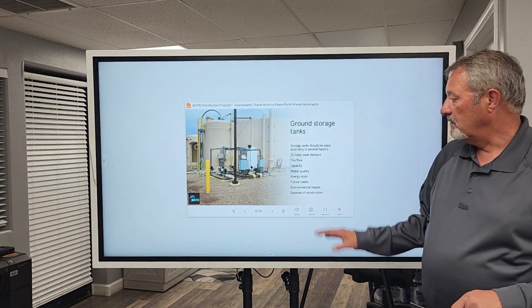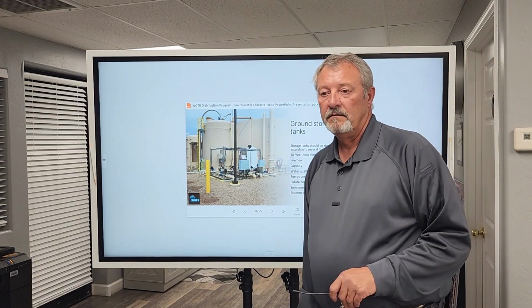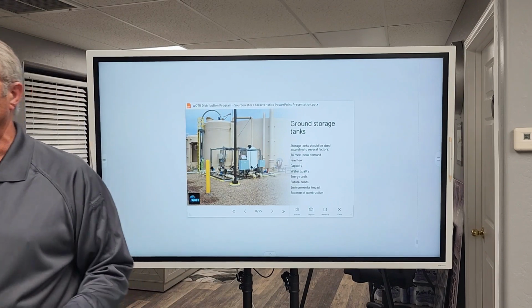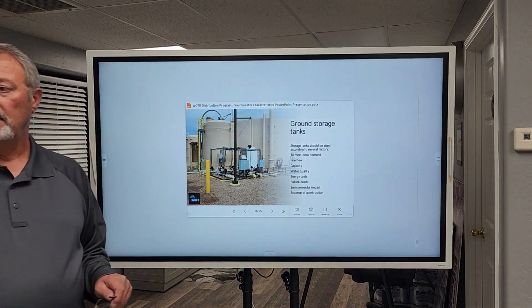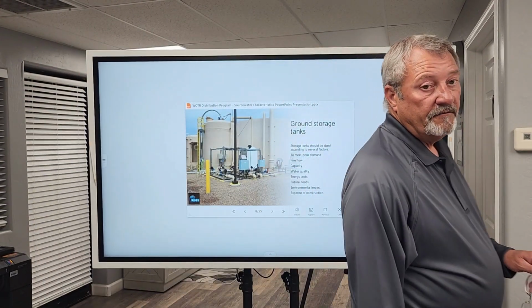It's important because we need fire flow. Fire flow, if you can imagine, we're in a peak period. Maybe we've just gotten into a peak period and there's a fire, maybe a large fire, and the firefighters need water to fight that fire.